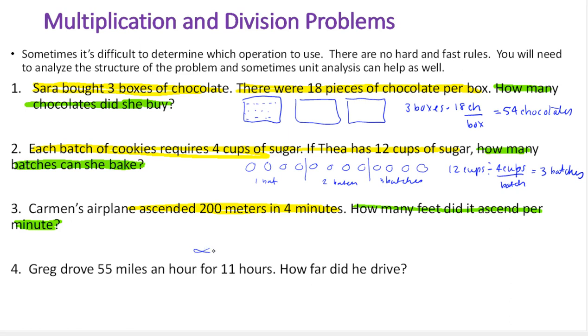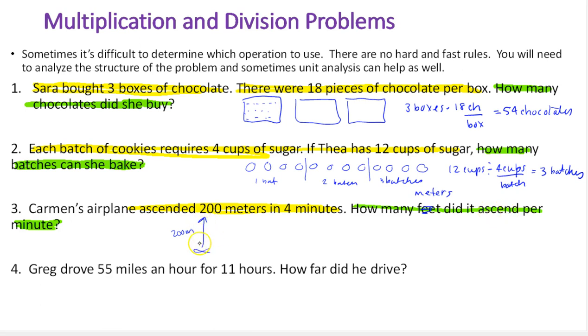Okay, sorry, it looks like a fish. I don't know how to draw a plane. Okay, and it ascended, so that means it went up 200 meters. And it did this in 4 minutes. And we want to know, oh, this should say how many meters, not how many feet, excuse me. You don't have to convert. How many meters it ascended per minute.